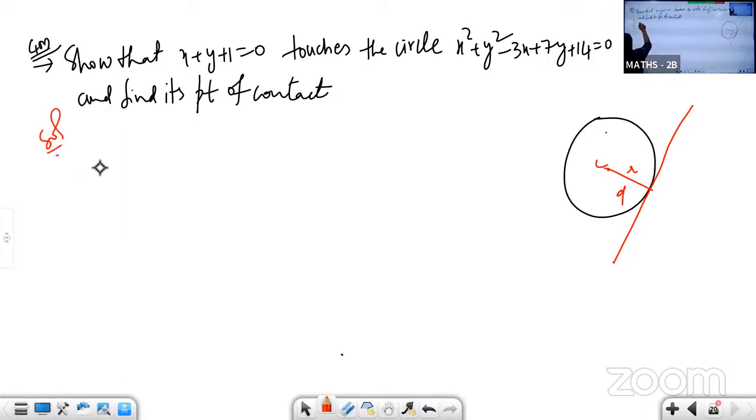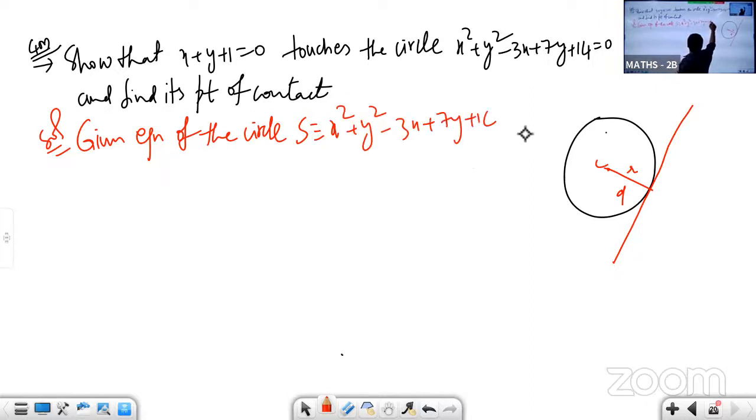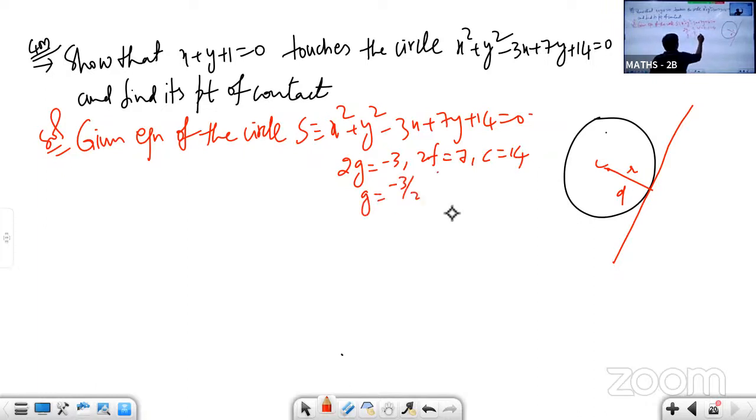Now given equation of the circle as x square plus y square minus 3x plus 7y plus 14. Now when you start comparing with your standard equation, 2g is minus 3, 2f is 7, c is 14, g is minus 3 by 2, f is 7 by 2.